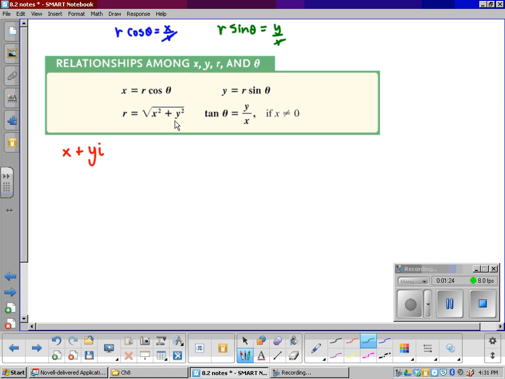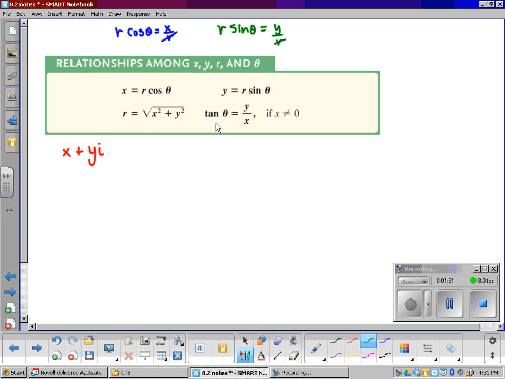When you drop a perpendicular from a point on the edge of the circle, r is the distance from the origin to that point, and so that gives us the hypotenuse of the right triangle. So we just use the Pythagorean theorem to find r. We know that r is always positive, so we're never going to have a negative in front of the square root.